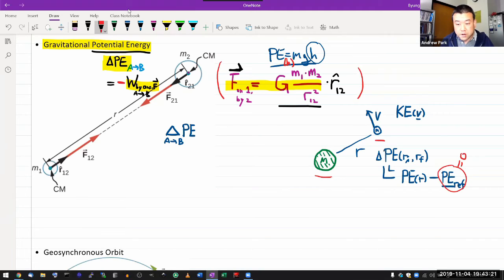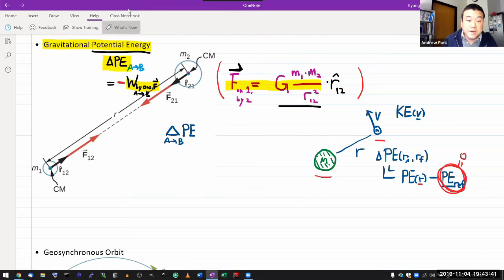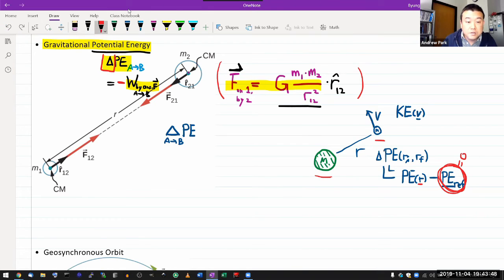Now, the challenge you run into is that this reference is going to be some context-dependent thing, so unless you specify it each time in a question, there's going to be ambiguity. In general, that's the case. That's why I led by saying it's the change in potential energy that's meaningful.